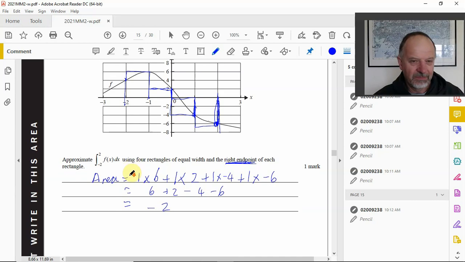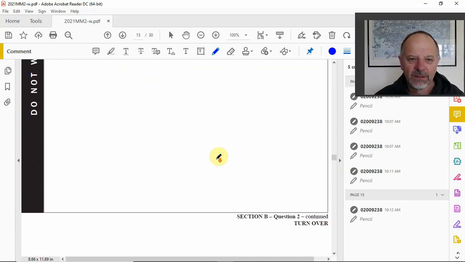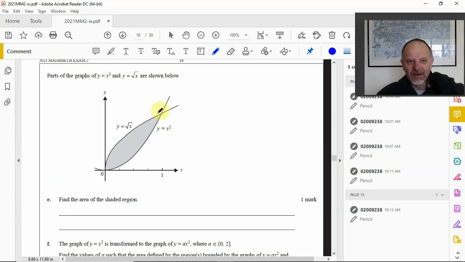All right, part E. So part E, parts of the graph y equals x squared and y equals root x. So x squared is this one, root x. Okay, so they enclose this area, find the area of the enclosed region.